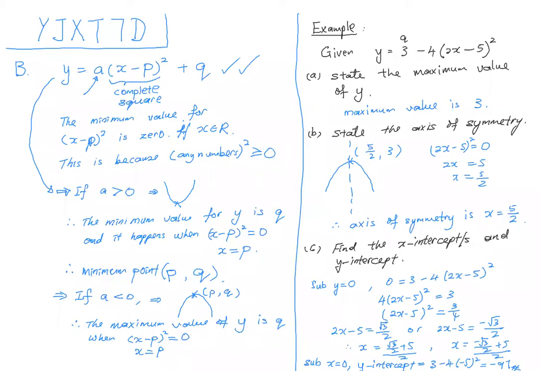No. Okay, now, if I give you a quadratic function in the completing the square form, I also straight away can know whether that graph will cut the x-axis or not. Okay, so I'm going to give you 4 examples.